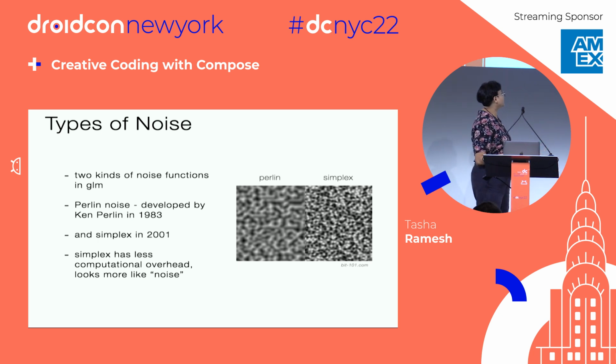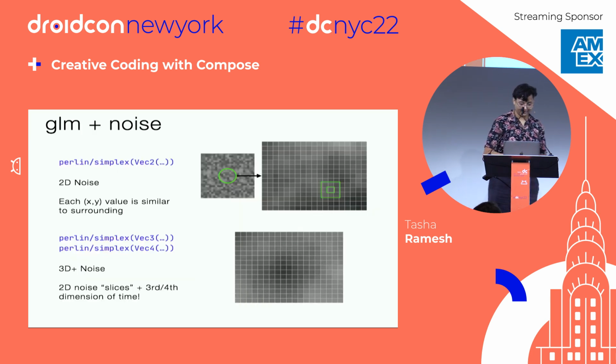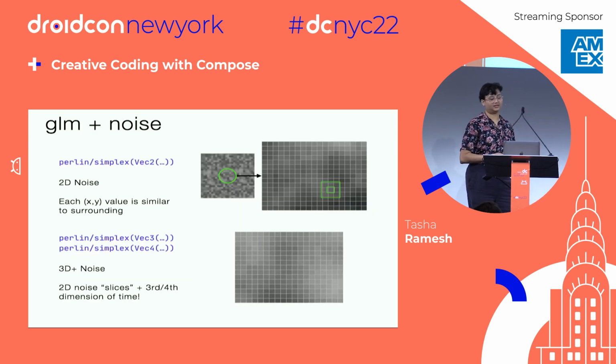So here's an example of what Perlin noise looks like next to simplex. And simplex was meant to have fewer artifacts and way less computational overhead than its predecessor. And simplex also looks more like TV static, or noise as you would think of it, than Perlin does. So both of these functions exist in the GLM library, but they have several overloads.